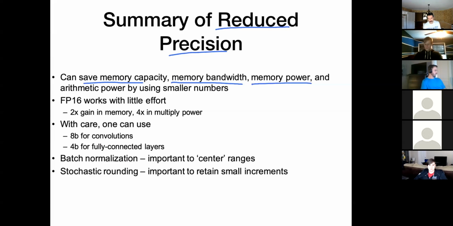And for all of these mathematical operations with smaller numbers, you get better efficiency. Typically for even 16-bit floating point, you can gain 2x in memory and 4x in multiplication power in terms of energy efficiency.